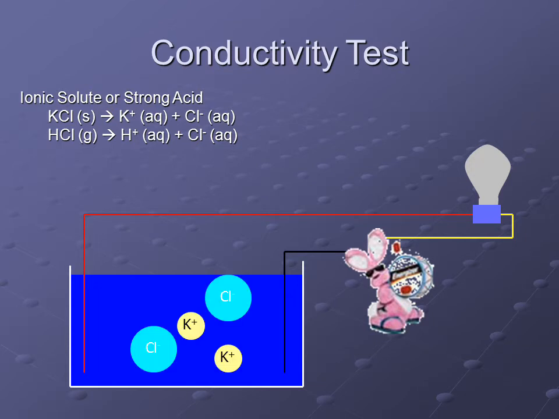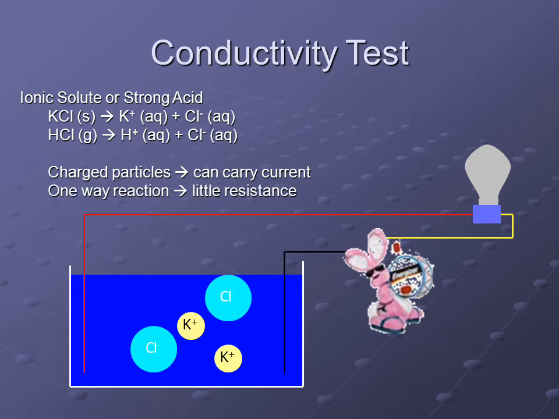Okay, so we'll have, for example, potassium ions and chloride ions in our potassium chloride solution. And when we fire this thing up, when we attach the conductivity tester, the charged particles can carry current, right? Current is the movement of charged particles. So we have charged particles. The fact that they're in solution means that they can move, so we will have current.